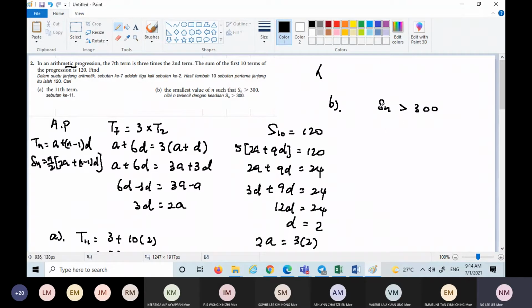So for Sn, we just put in the Sn formula: n over 2, times 2A, where A is 3, plus (n minus 1), and the D is 2.